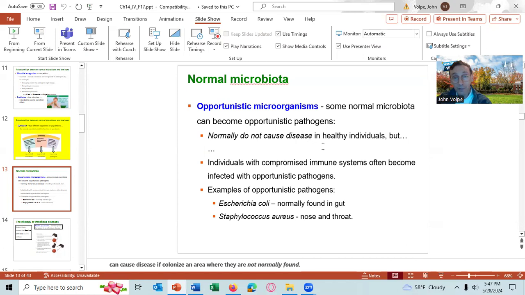Like when the individual is not healthy, the normal microbiota can then cause disease. Like in an AIDS patient, part of the normal microbiota can grow, and then they have no immune system to keep the normal microbiota in check. And then the normal microbiota can become opportunistic, causing disease.